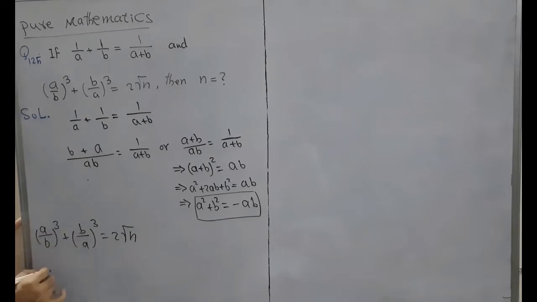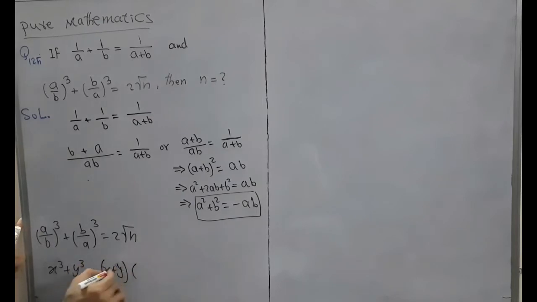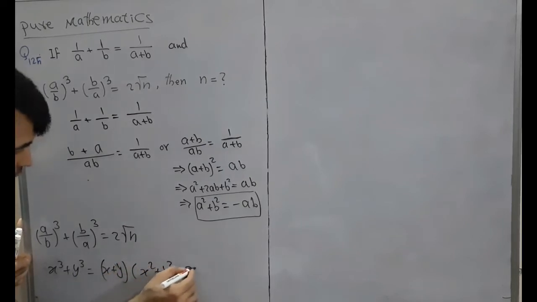We have a formula: x cube plus y cube is equal to x plus y into x square plus y square minus x into y.